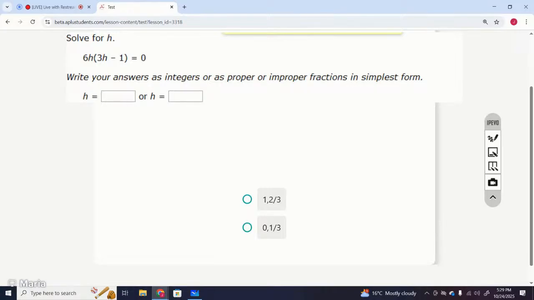Solve for h. 6h times 3h minus 1 equals 0. That is 0 and 1 by 3.